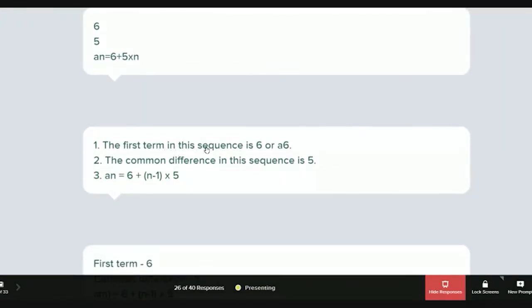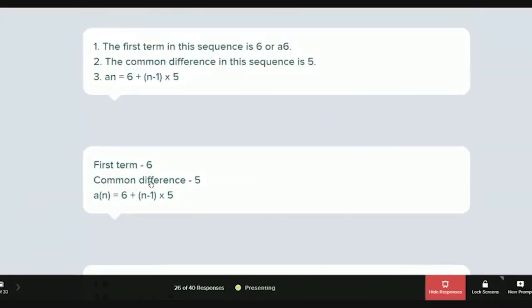The first term in the sequence is 6. It's not A6. A6 means the 6th term. Common difference 5. So an is 6 plus n minus 1 times 5.